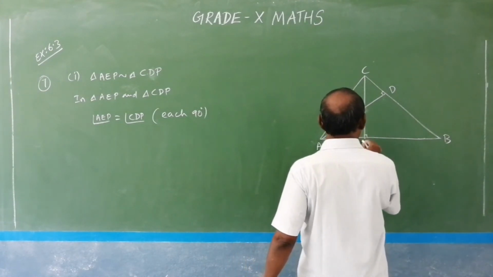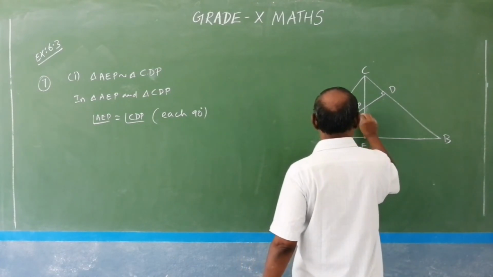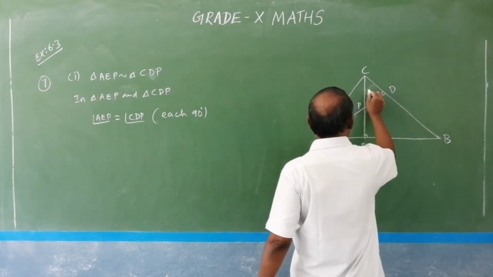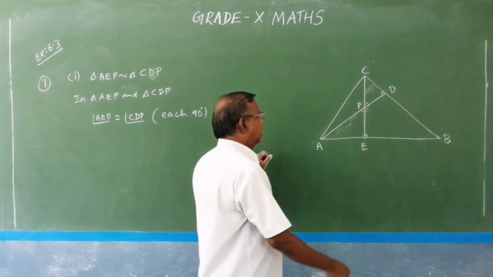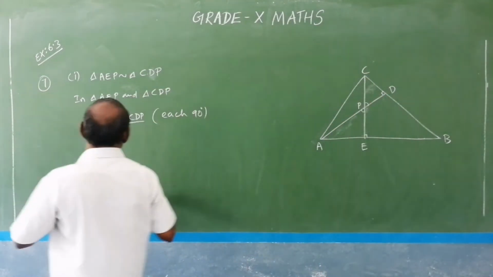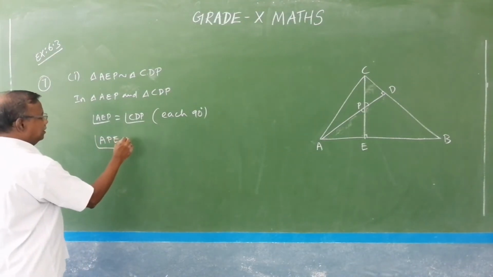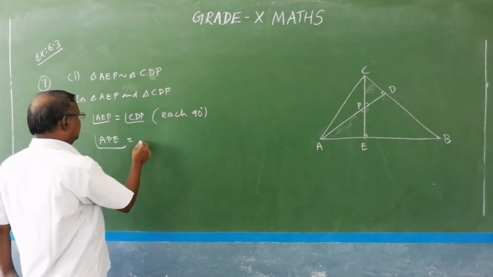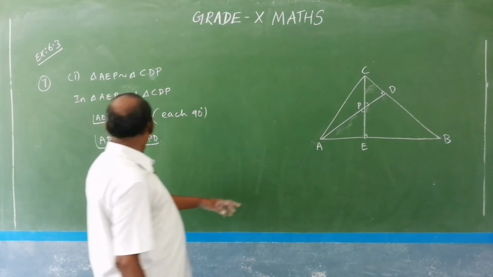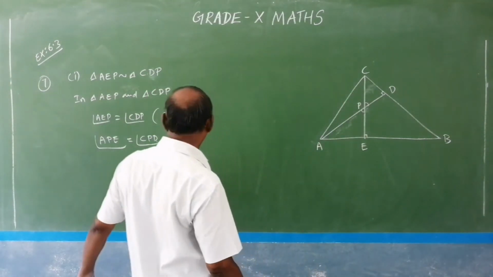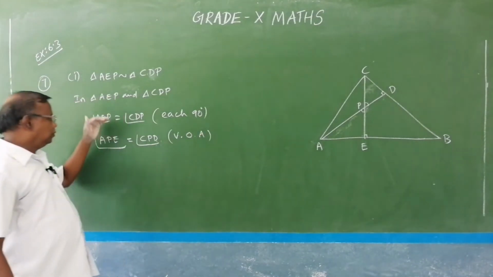Angle APE is equal to angle CPD in both the triangles, AEP and CDP, because these two are vertically opposite angles. Angle APE equal to angle CPD because they are vertically opposite angles.